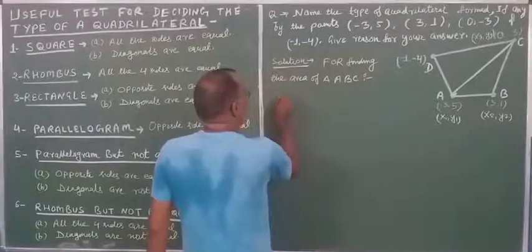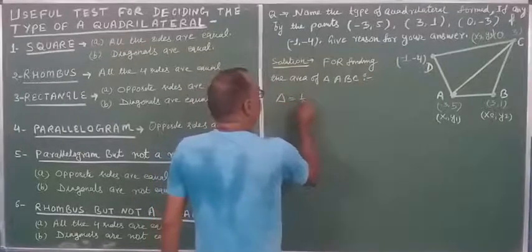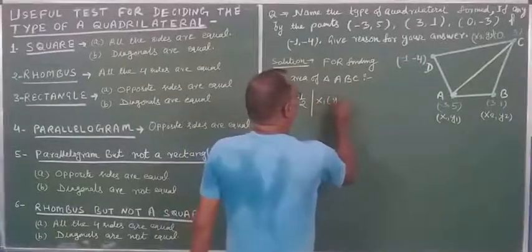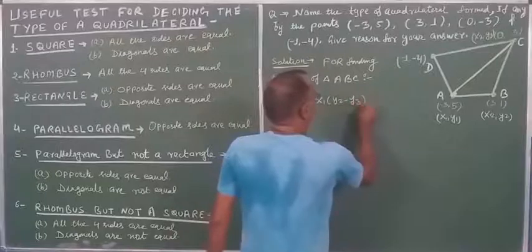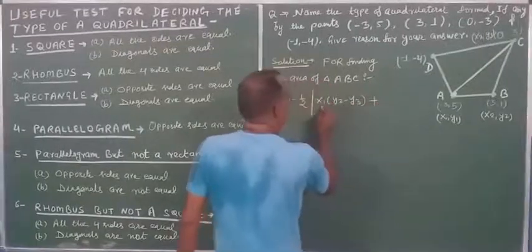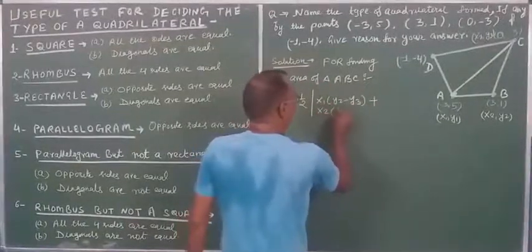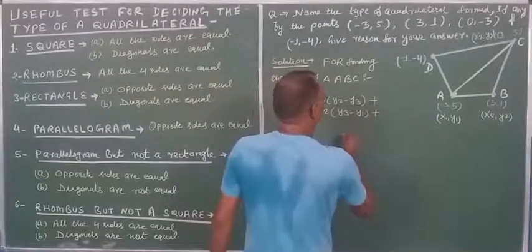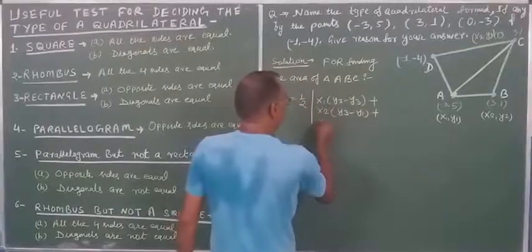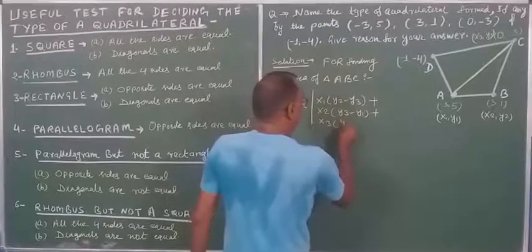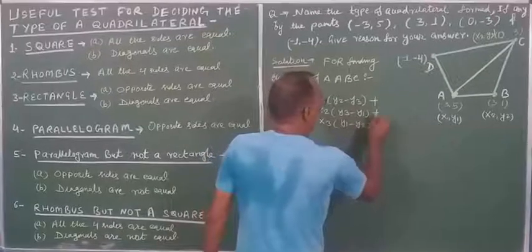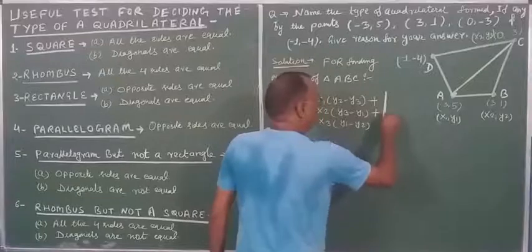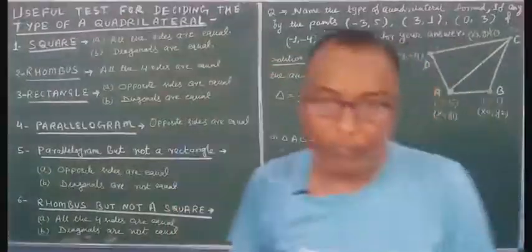The area of a triangle is equal to half mod of x1 times (y2 minus y3) plus x2 times (y3 minus y1) plus x3 times (y1 minus y2). This is the formula for the area of the triangle.